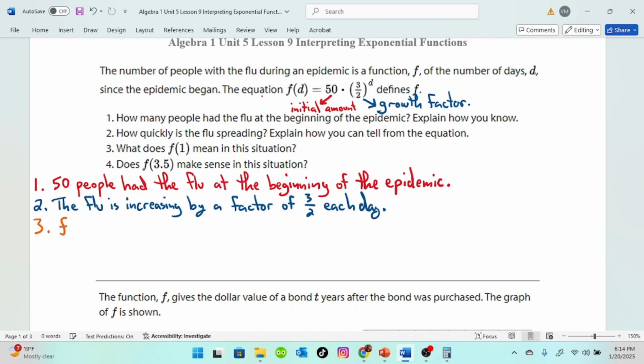That means f of 1 represents the number of people with the flu after 1 day.